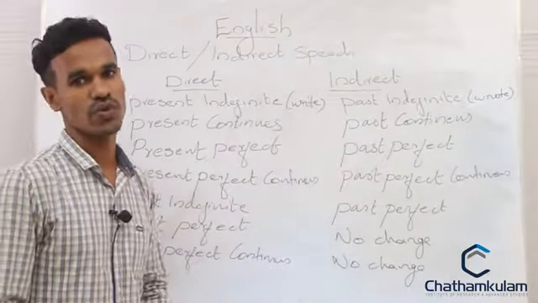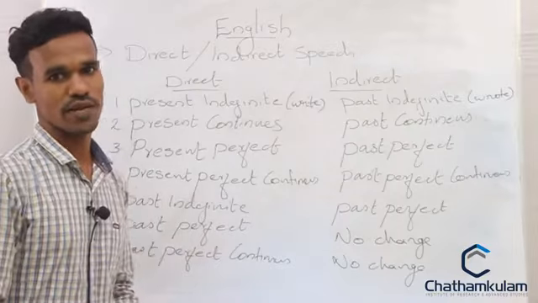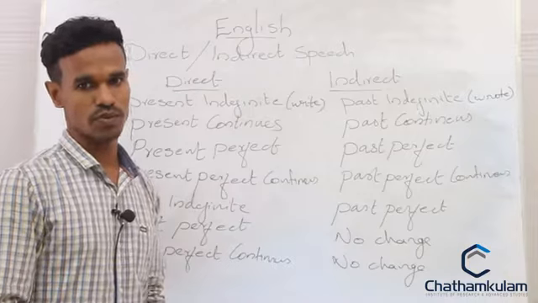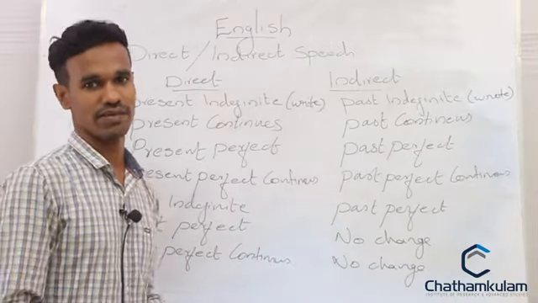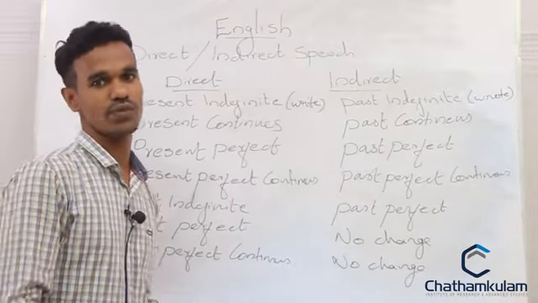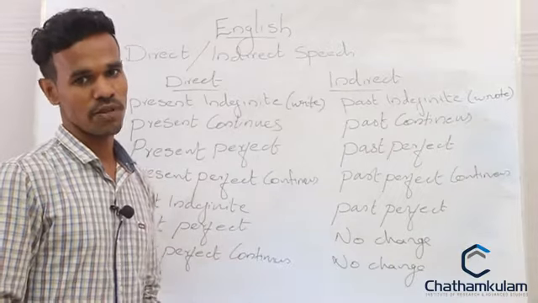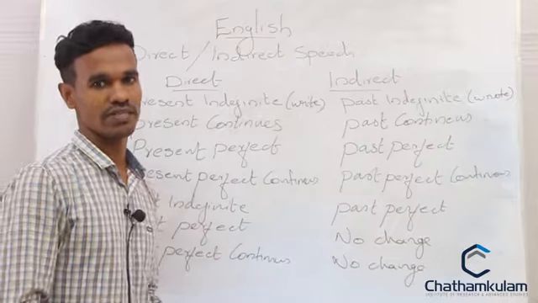Normally they will ask you to make it indirect speech by giving the sentence in inverted commas. You want to change that single sentence into indirect speech, or reporting speech. We will definitely look into some examples.